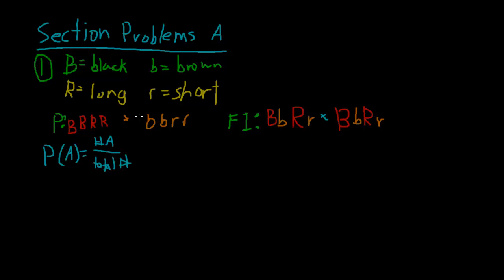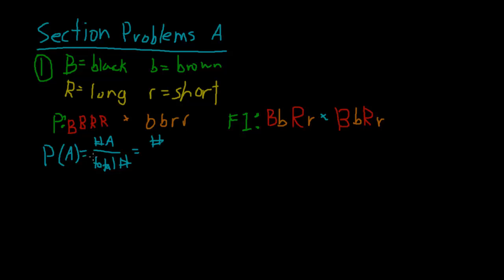It's a key equation to know throughout the entire course. So in this problem, it's asking what the probability of homozygous is out of all of the long black furs.